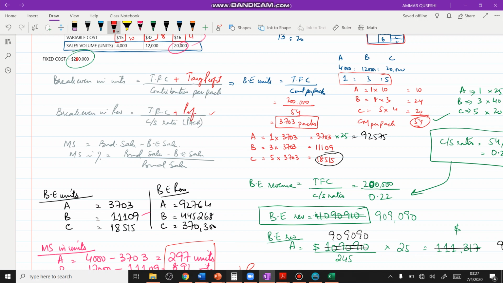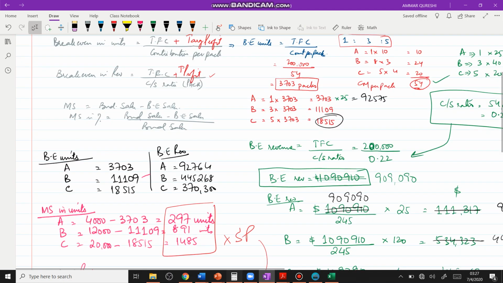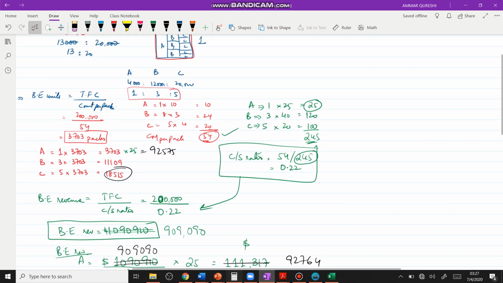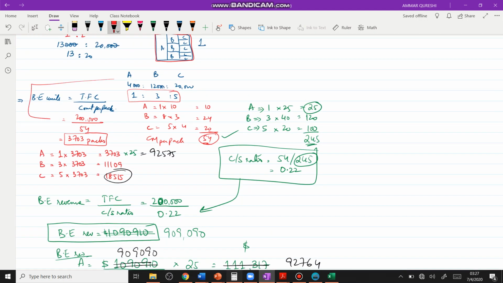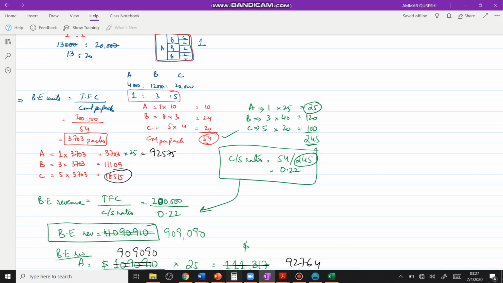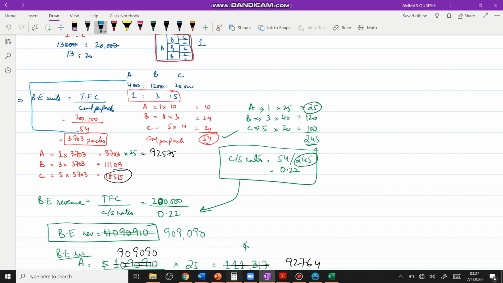For example, in the same situation, suppose the company wants to earn a profit of 3 lakh.